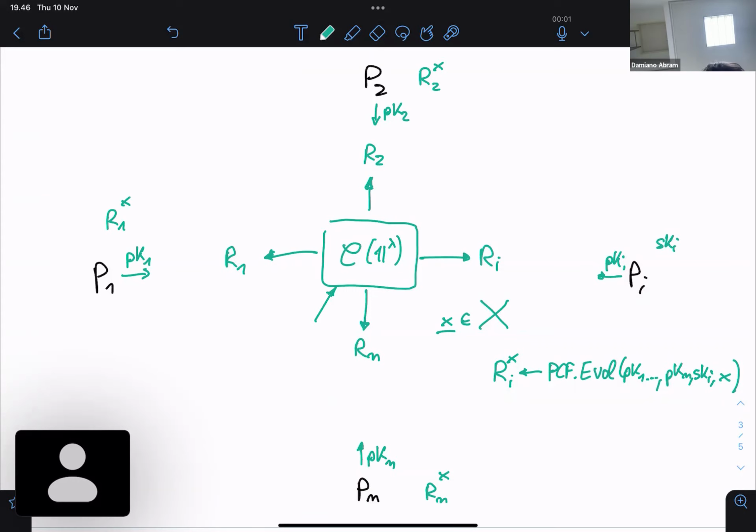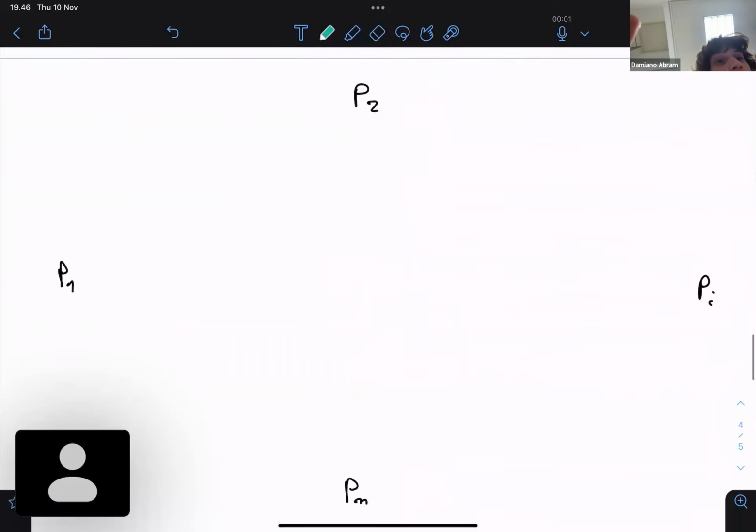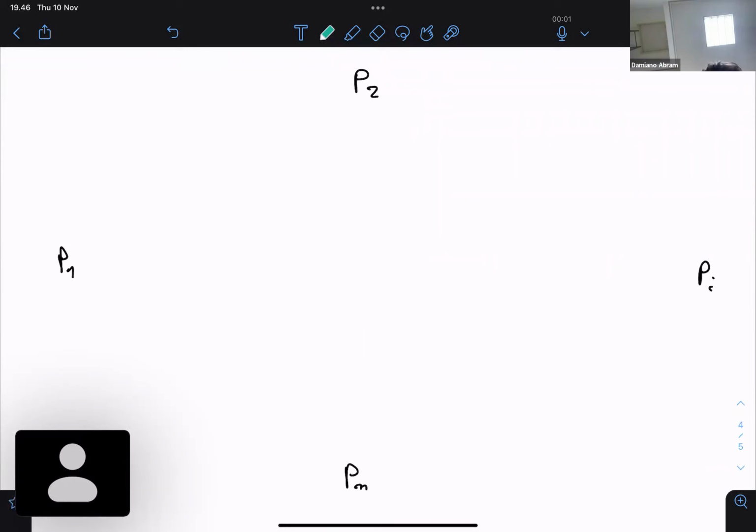Okay, now I will explain how we can build these public key PCFs using the distributed samplers. I will start from a construction in which we allow a CRS, and then the idea is to use a distributed sampler to get rid of this CRS.